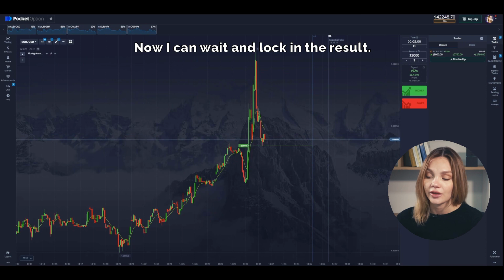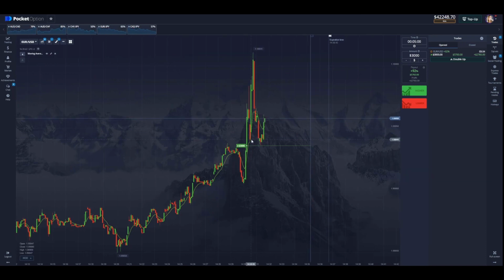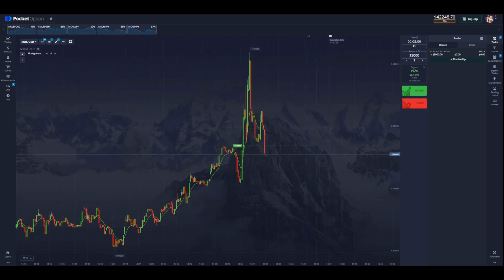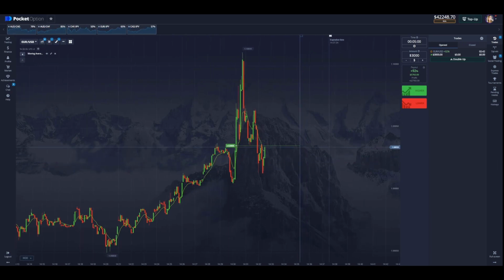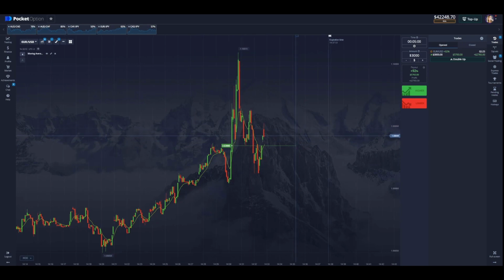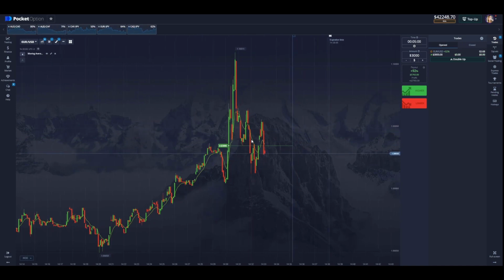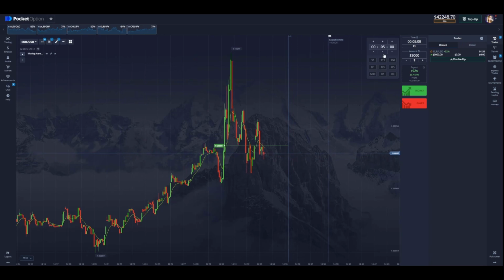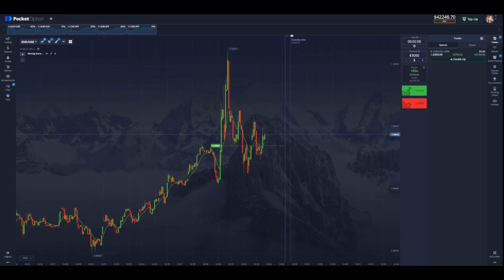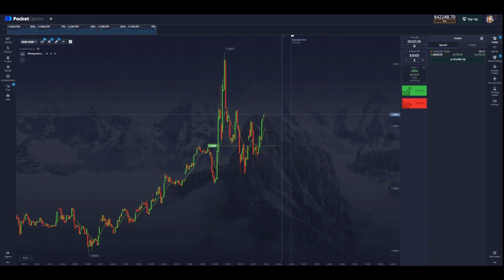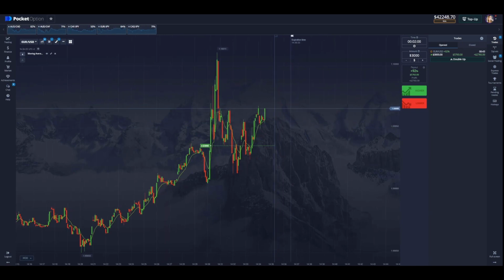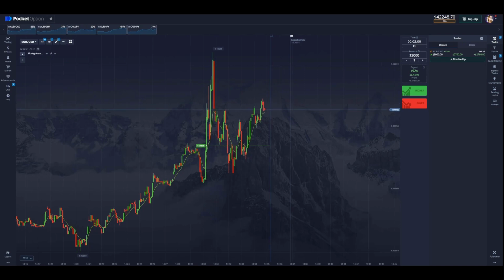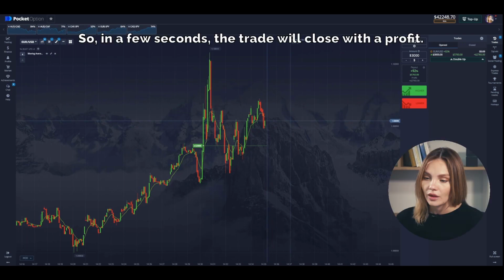Now we can wait and lock in the result. So in a few seconds, the trade will close with a profit.